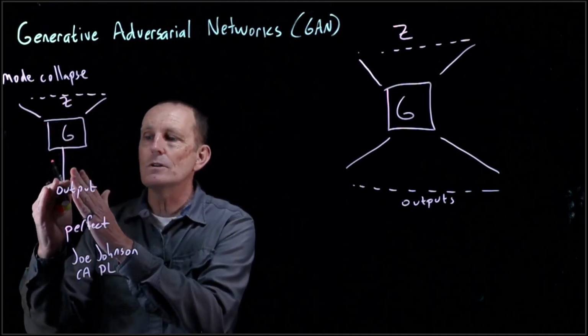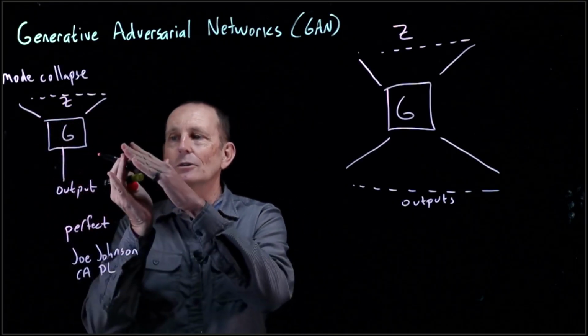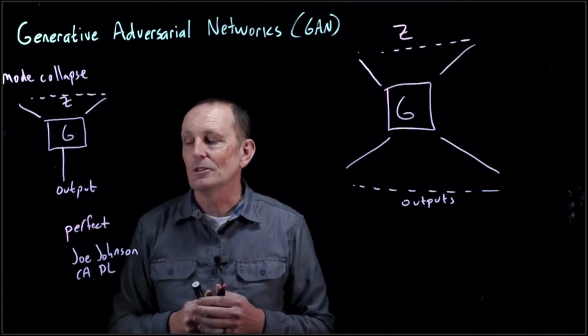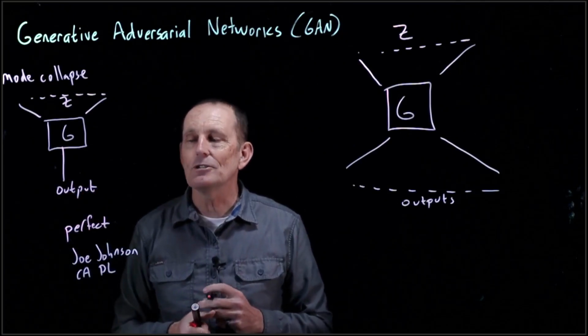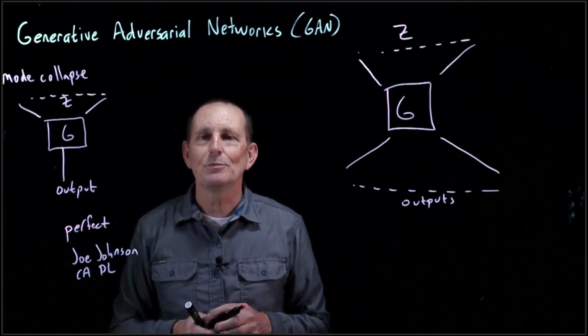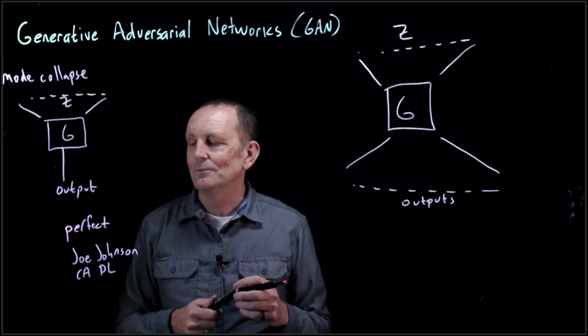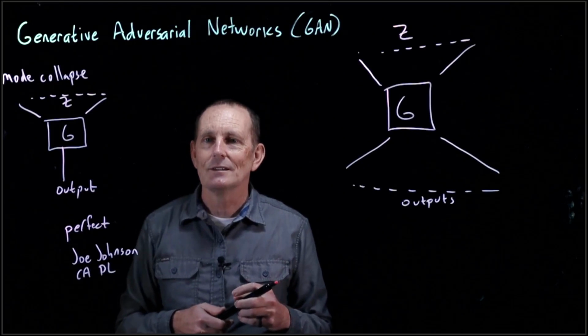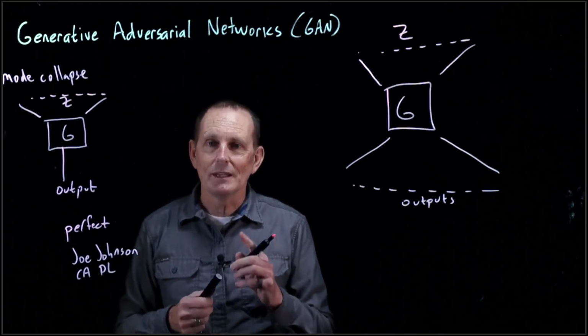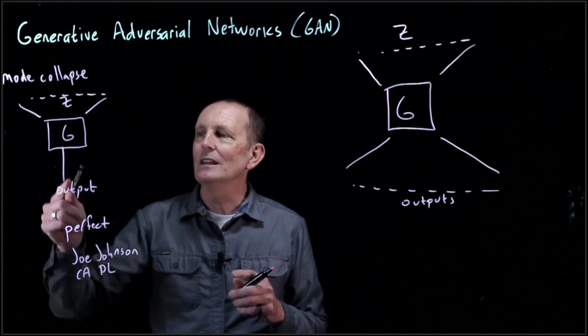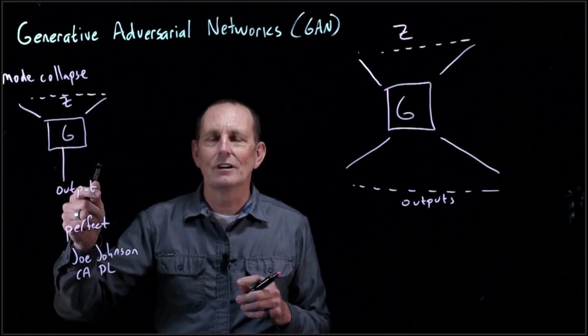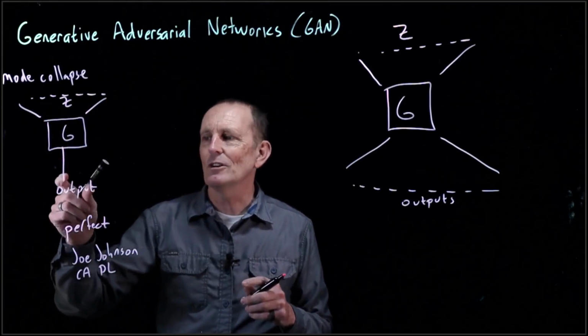It goes from one output to a different output. So maybe instead of a Joe Johnson California driver's license, it now starts spitting out a Sally Wituski Wyoming driver's license. A very good one, but nonetheless, whatever Z you put in, it gives a slight variation of that Sally Wituski Wyoming driver's license.